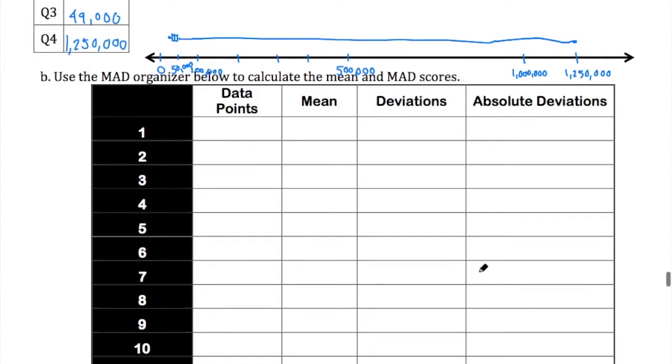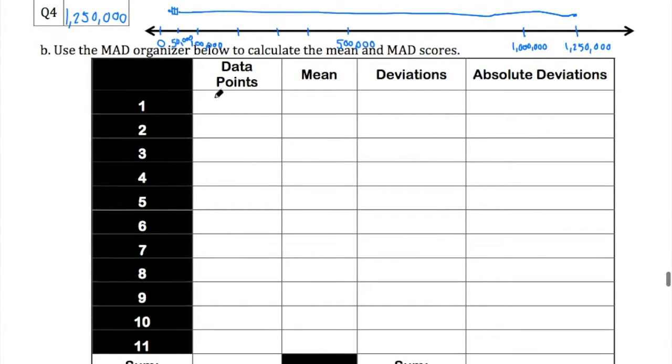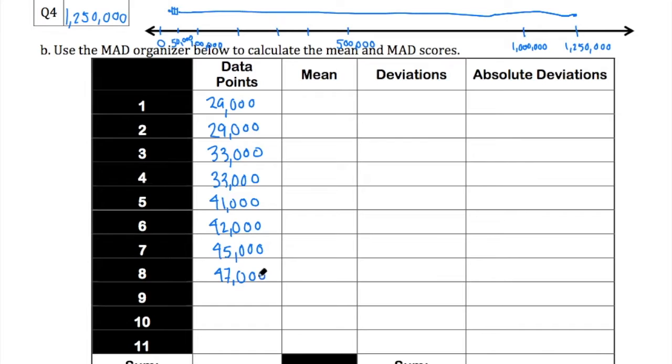Let's also go ahead and use the table below to calculate the MAD. So let's copy our data points down, 29,000 twice, 33,000, and 33,000 again, 41,000, 42,000, 45,000, 47,000, 49,000, and 49,000 again, 1,250,000 at the end there.